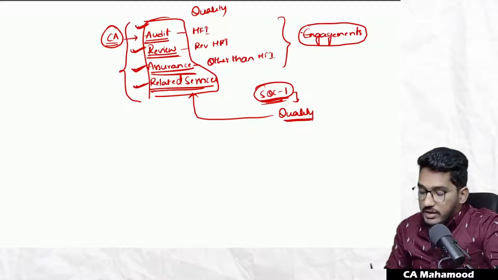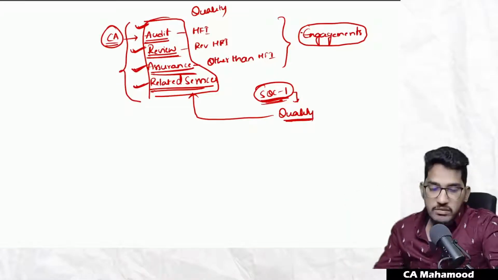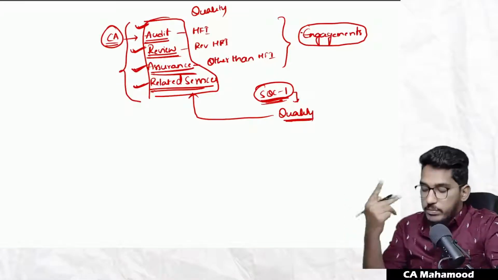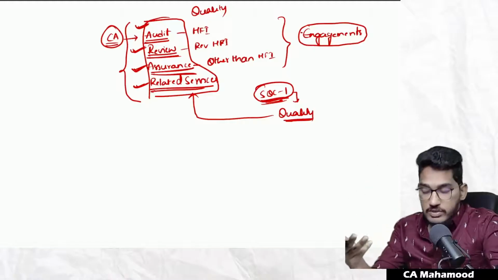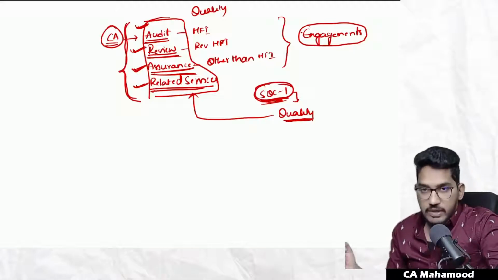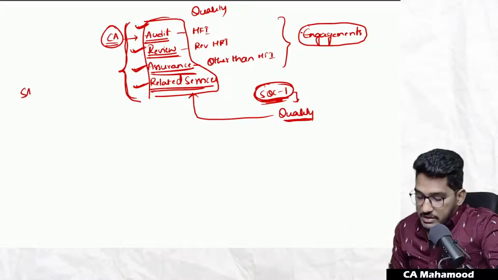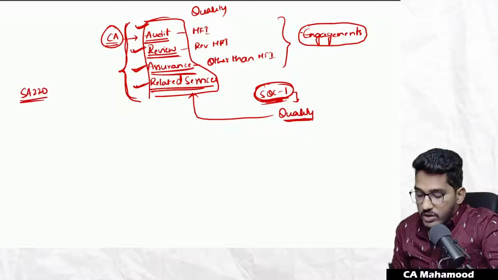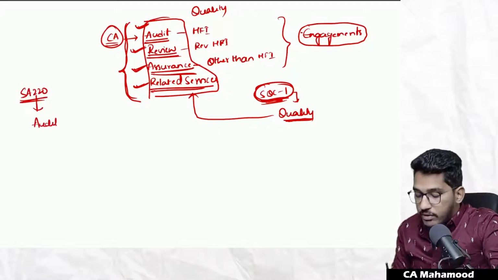In whatever engagement a chartered accountant does, how you can maintain quality in all these engagements, that guidance is given under SQC1. Now, what SA 220 does is, it is going to give you guidance on how to maintain quality control only in terms of audit assignments.